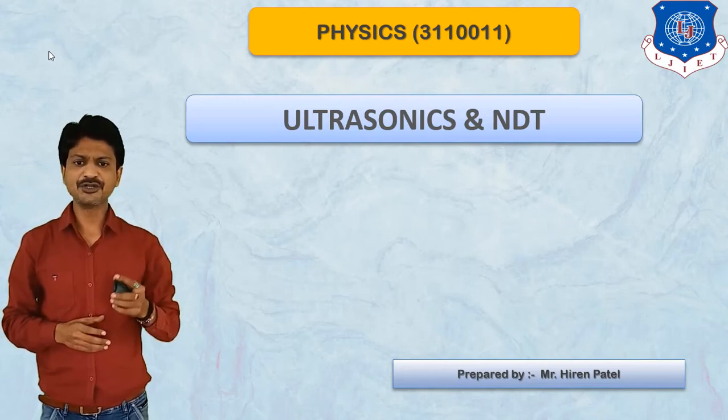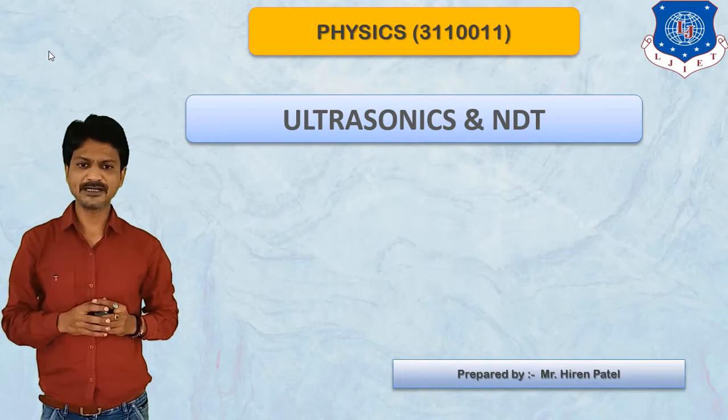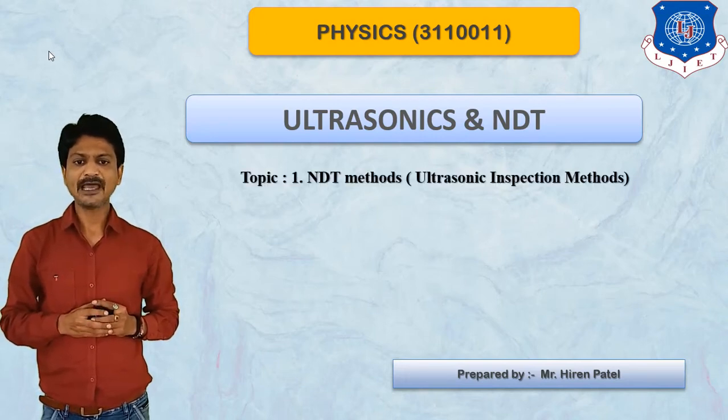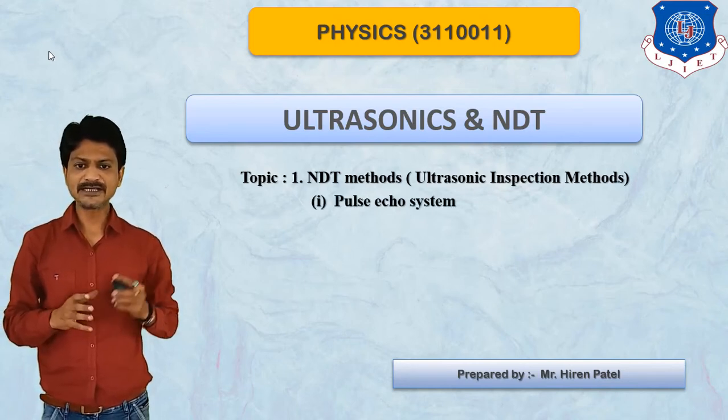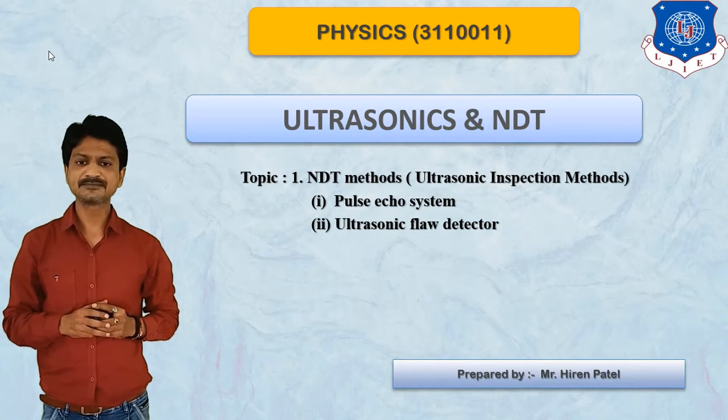Now in this video we will understand the inspection of material through NDT by two different methods, namely the pulse echo system and second, the ultrasonic flaw detector. We will also discuss its advantages and limitations.